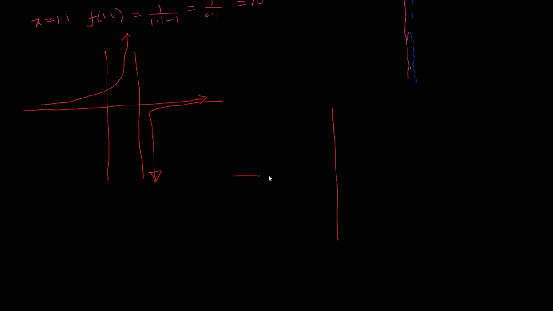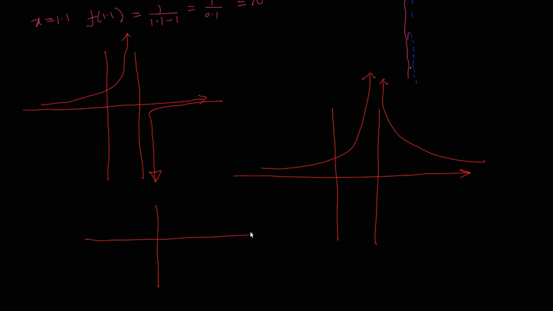It can also happen that both on the left hand and right hand side it is going upward. So I have a vertical asymptote here. Or it can happen that both are going downward. So there are many possibilities for a vertical asymptote, as you can see. On the left hand side it is going downward, and on the right hand side it is also going downward. So these are some examples of the possibilities of vertical asymptotes.